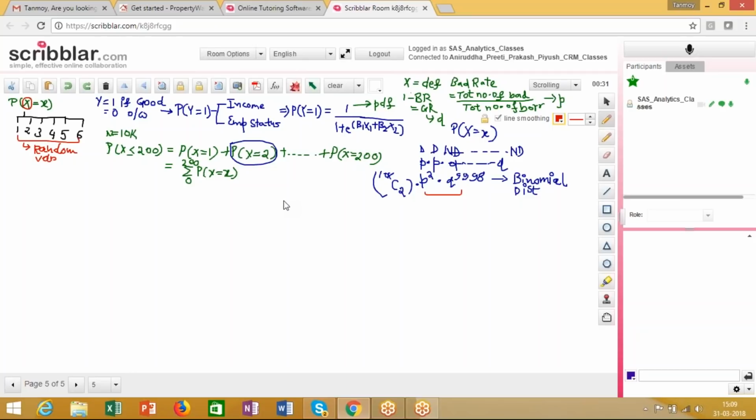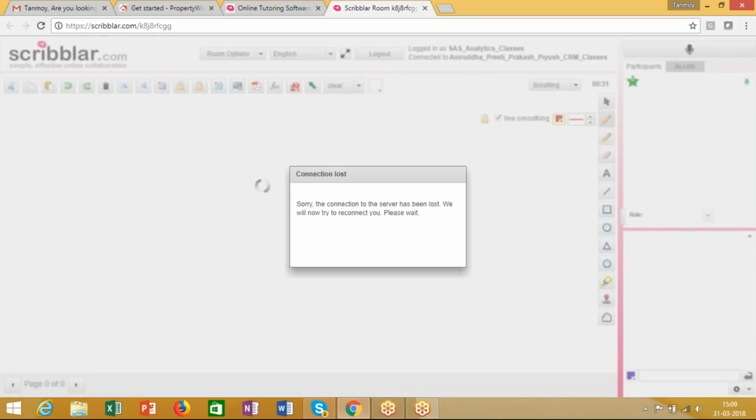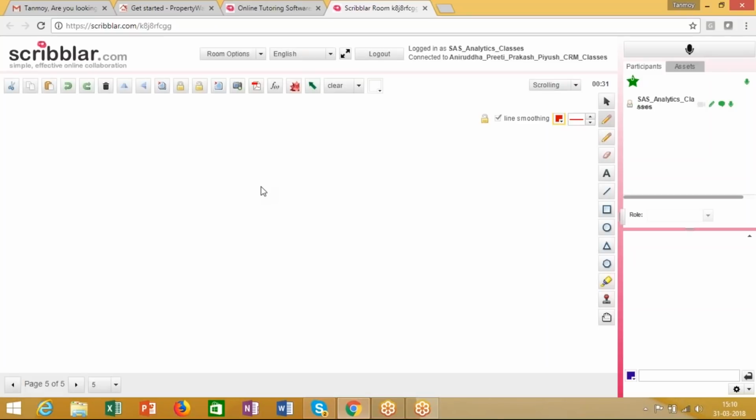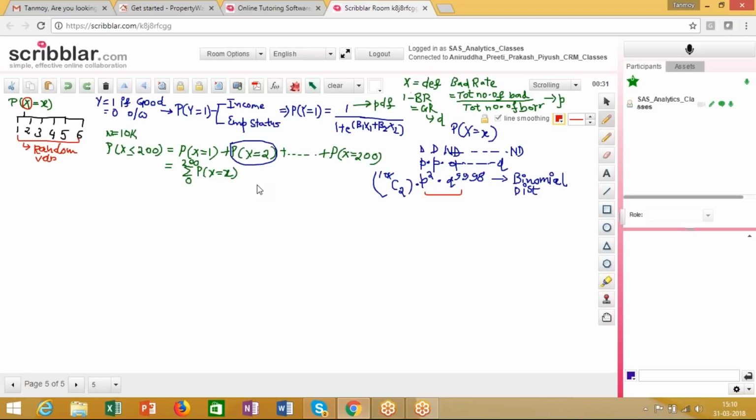Say I give the first loan. Now the first loan may turn out to be good or it may turn out to be bad, right? So to each trial, there is always a probability of success and a probability of failure.